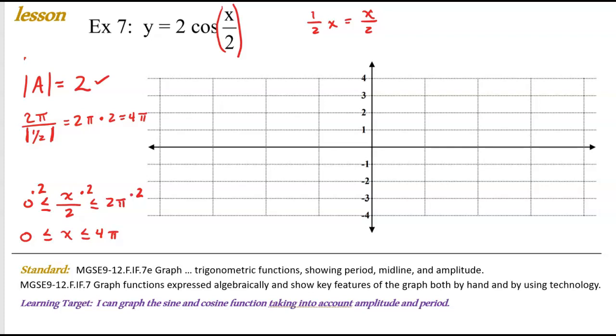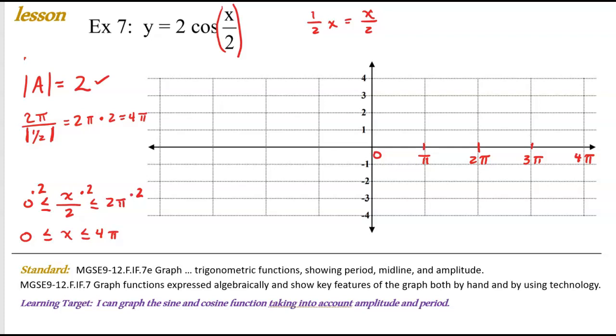Now, if I'm just going to graph one full period, I'm going to start at 0 and end at 4 pi. So I'm actually making each one of those portions or intervals of the x-axis larger. So half of 4 pi is 2 pi. Half of 2 pi is pi. So I have 1 pi, 2 pi, 3 pi, 4 pi.